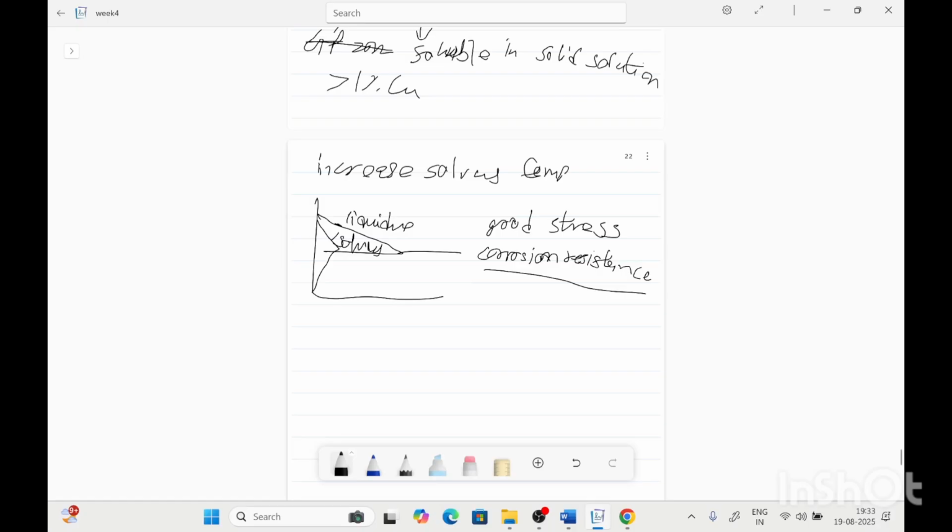Corrosion generally decreases the service life, and the application of load also reduces its service life. So the combination of the corrosion and stress will not hamper the service life of this 7000 series alloy up to a longer time. So that's why its stress corrosion resistance is higher for this alloy system.